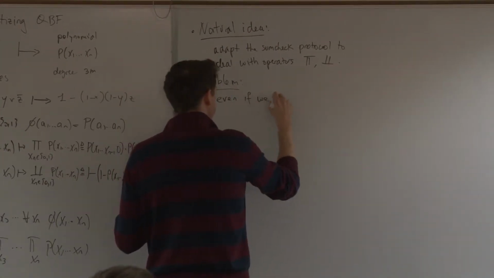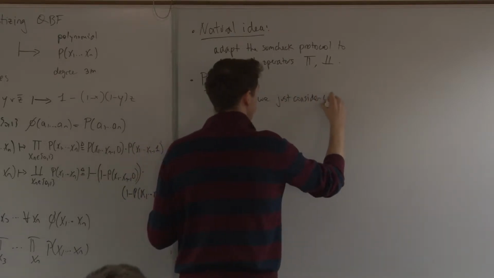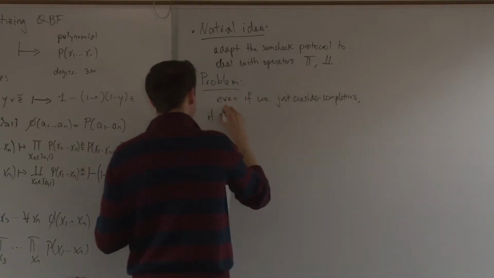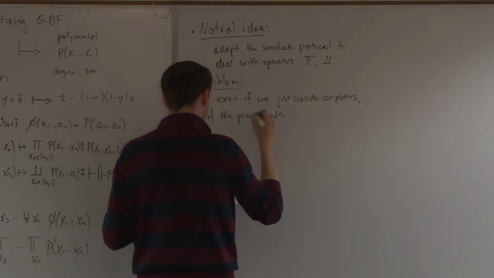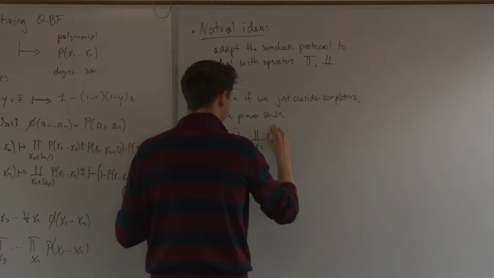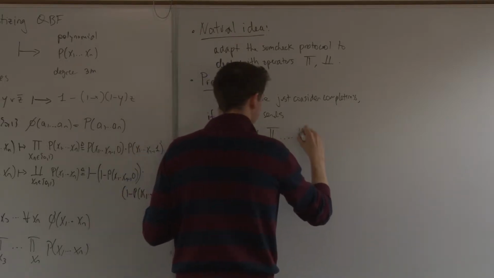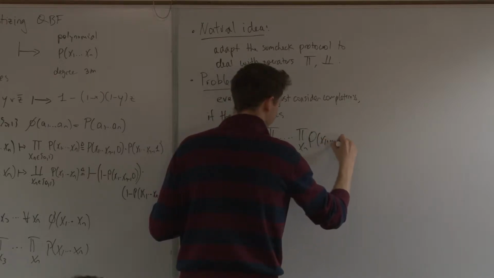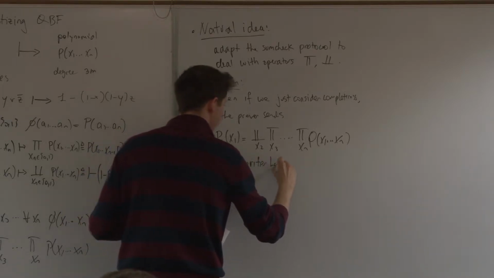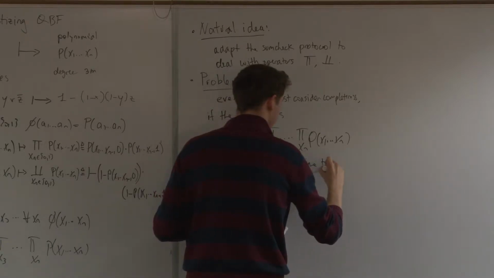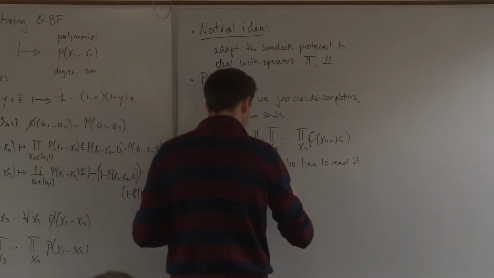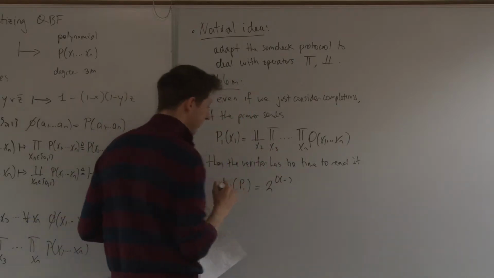So even if we just consider completeness, or efficiency, if the prover sends the polynomial P1 in x1, which starts at the second operator, then the verifier has no time to read it, because the degree of P1 is 2 to the order of n.